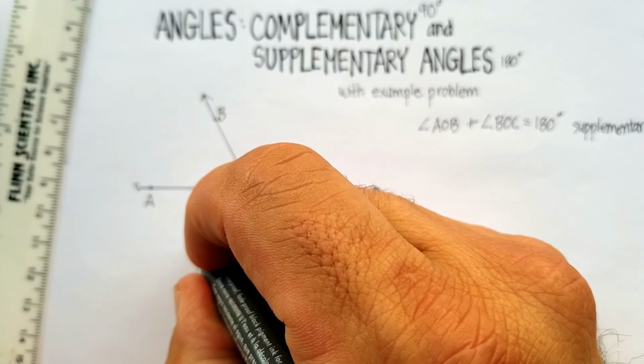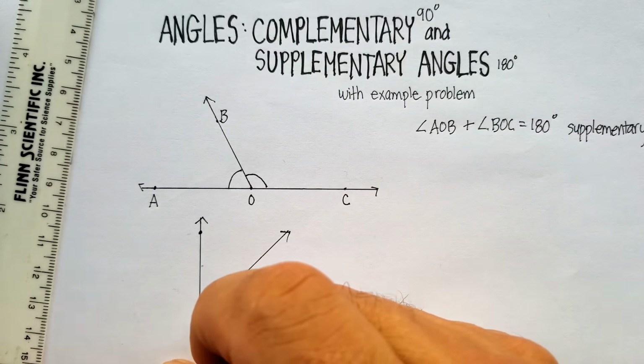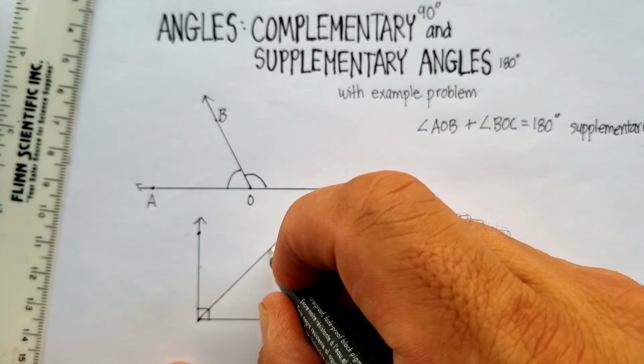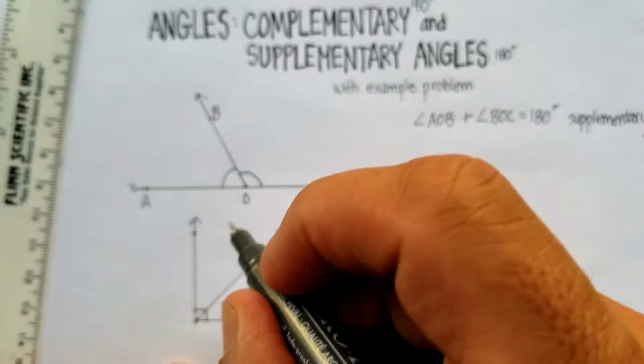And again, let's just do the same thing here that I did up here. Let me just go ahead and draw some points so we can write this out a little bit better.